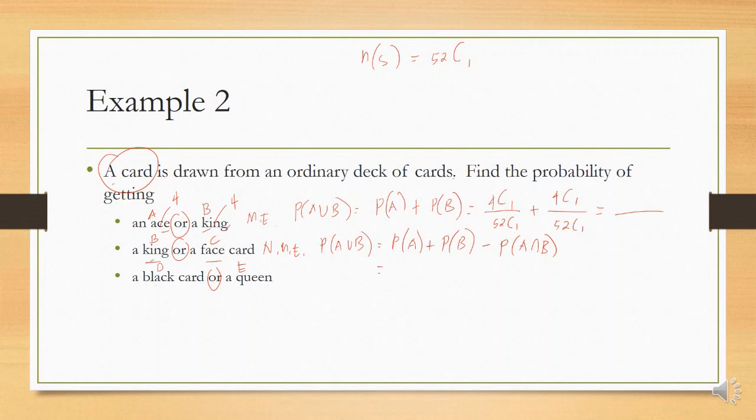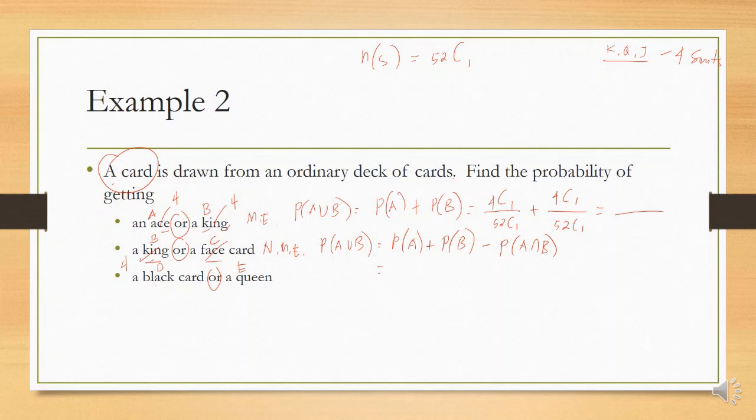Okay, so ito ay P of A, 4 ang king sa deck. Sa face card natin, ilan? Meron tayong king, queen, and jack. And meron tayong isang set ng ganyan sa lahat ng suits. No? 4 suits yon.